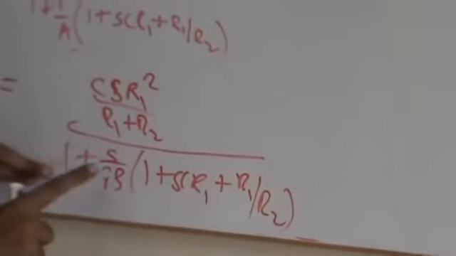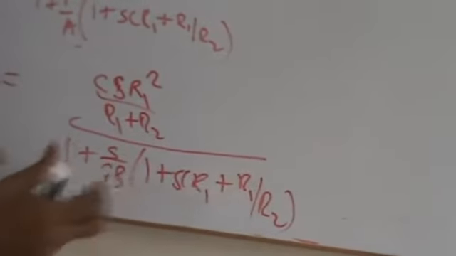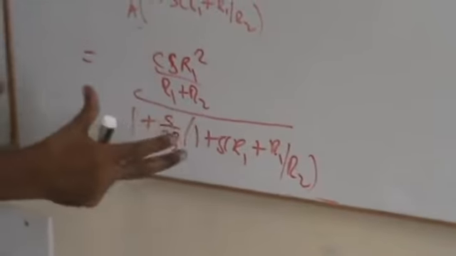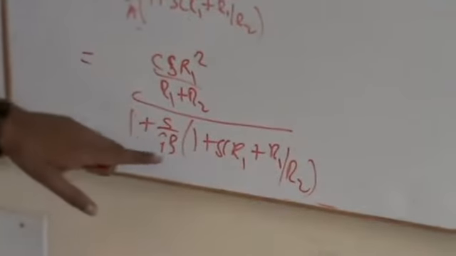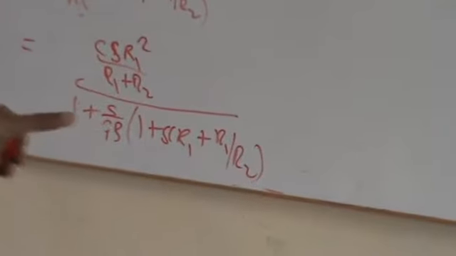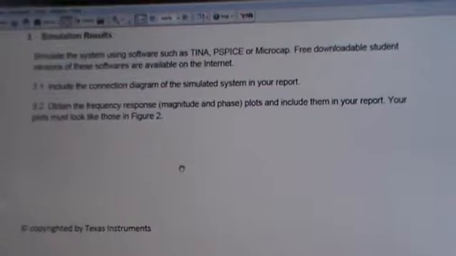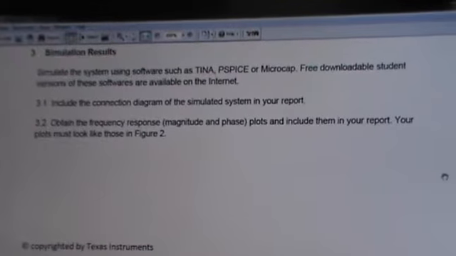Now, if you see this denominator, here we have an S square term. This gets multiplied with this particular term SCR1 and it becomes S square. So the denominator is a second order expression, or you can say second order equation in the denominator that we are getting. Now this particular denominator of second order represents an equation for an underdamped system.